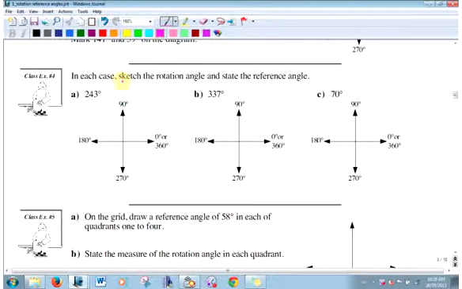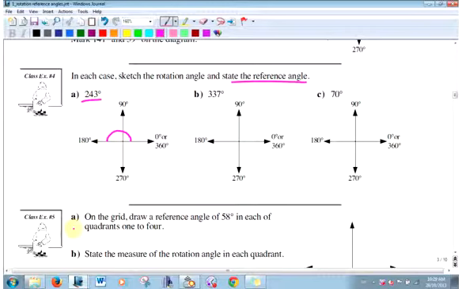Okay. Sketch the rotation angle and state the reference angle. Here's my angle, 243. Is that positive or negative? Positive. What direction do I go? I start here and I go that way. Is it bigger than 180? Yeah. Is it bigger than 270? No. So I got to backtrack a bit. 180 and how much?